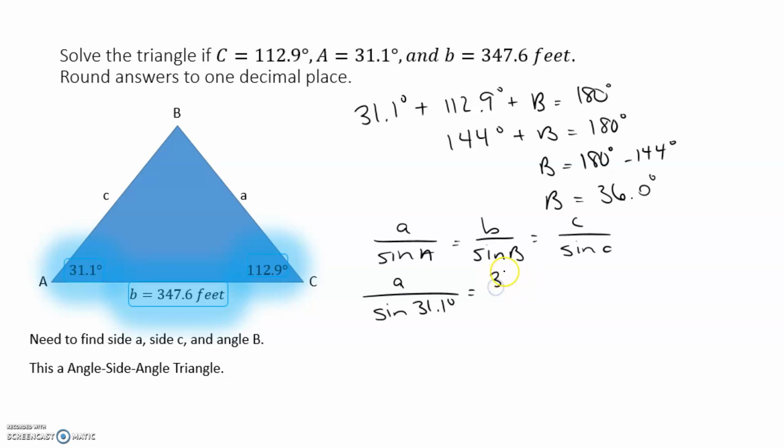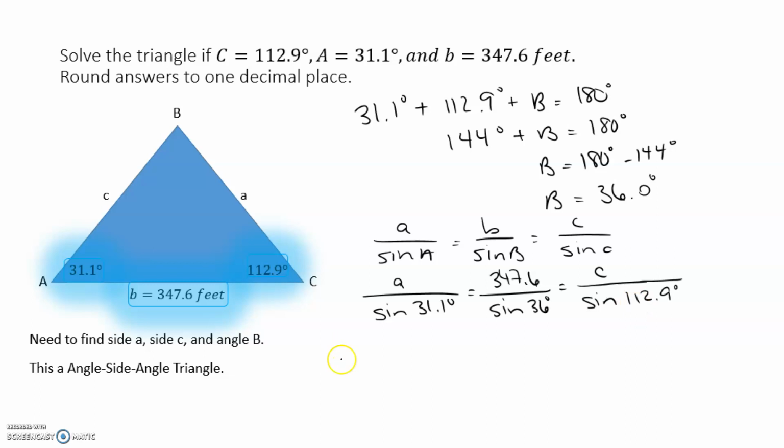I know side B, that's 347.6. And I just found angle B to be 36. Don't know side C, but I know angle C, so that's 112.9 degrees. Okay, so I'm going to set these two equations equal together, and then these two equations equal together.